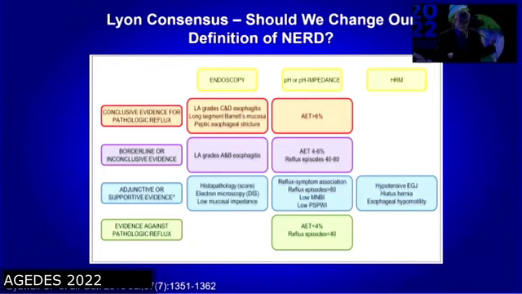If you look at the top, they call it conclusive evidence for pathological reflux. They said that in endoscopy, if the patient has Los Angeles grade C and D, long segment Barrett's or peptic stricture, they do have GERD, conclusively. If they have A and B, it's inconclusive.